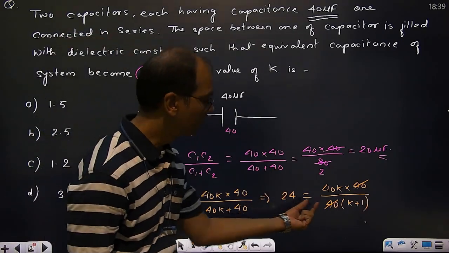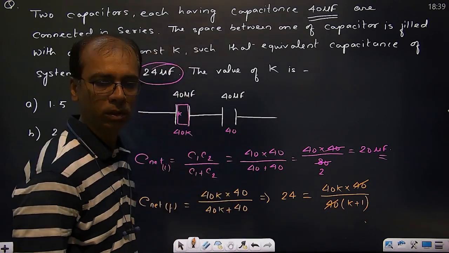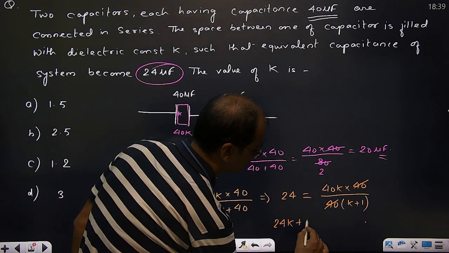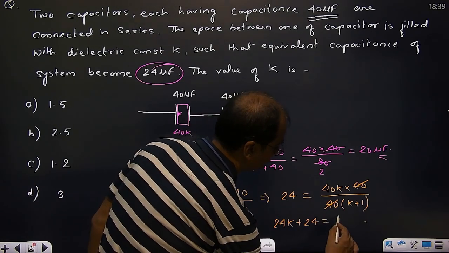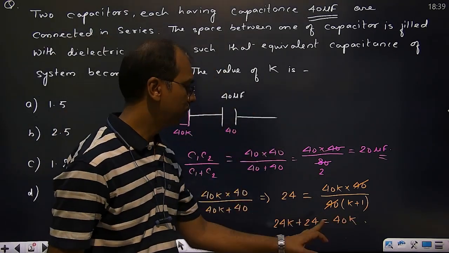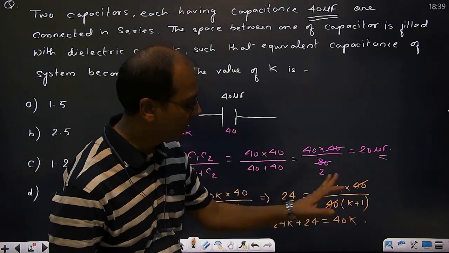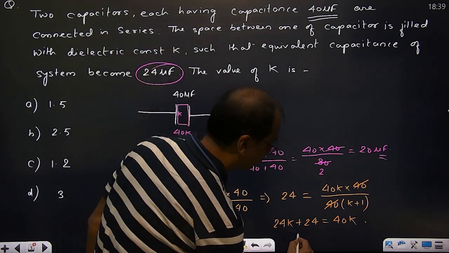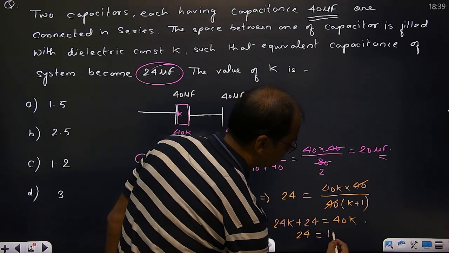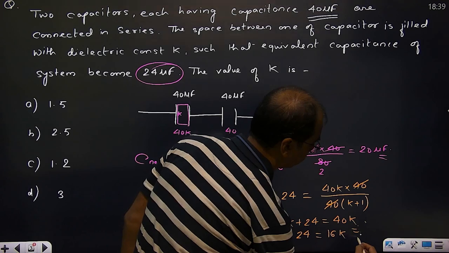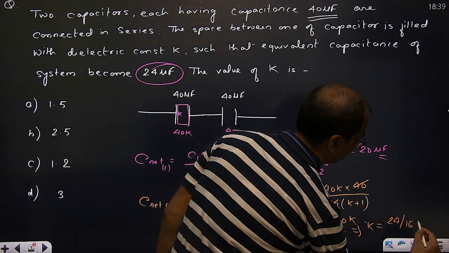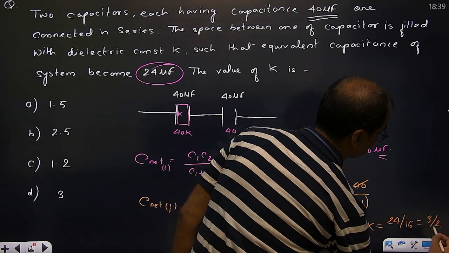Now we can multiply: 24K plus 24 equals 40K. Take 24K to that side: 24 equals 40 minus 24, that is 16K. So K value is 24 by 16, which means 3 by 2. K value is 3 by 2.